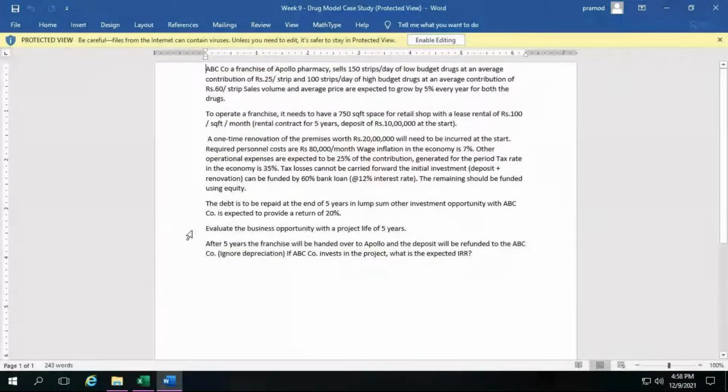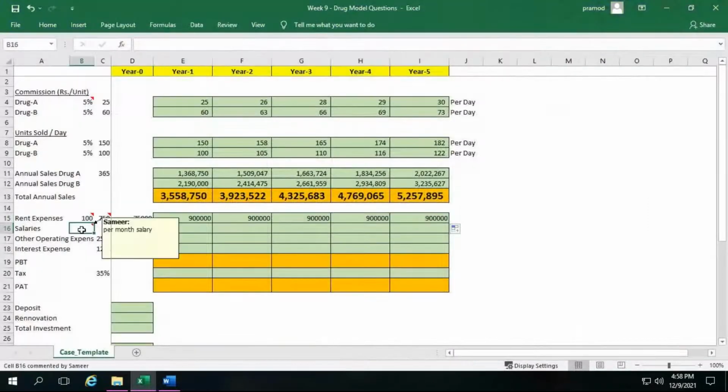Next, the next is renovation. Here they asked for salary next.